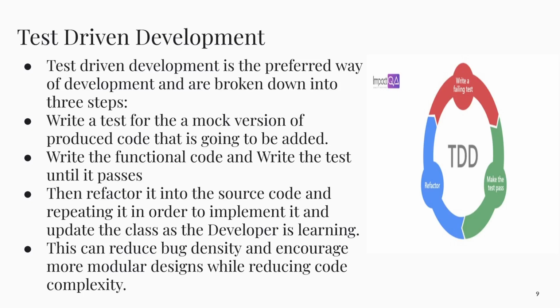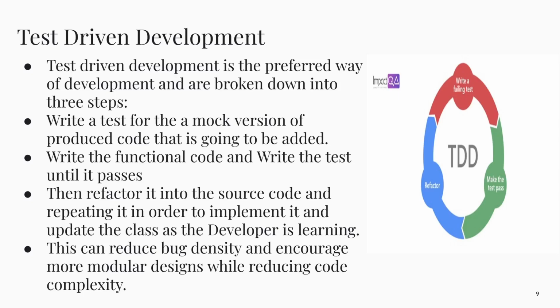Basically, we are writing a test for the mock version of the code that's going to be added, which means that this starts by writing an imitation of the source object or the unit to be tested, separately and isolated.